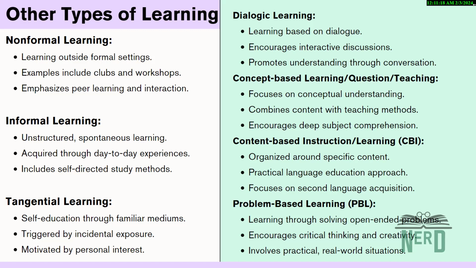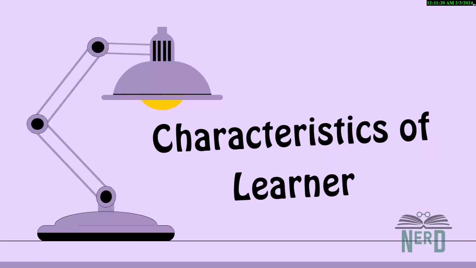So guys, that was all about the types of learning. Let me tell you about the characteristics of learners. So guys, let's continue with the characteristics of learners, right? Learning is all about understanding how different people observe, process and retain knowledge. Each learner has a unique combination of academic, social or cognitive traits that make them who they are.